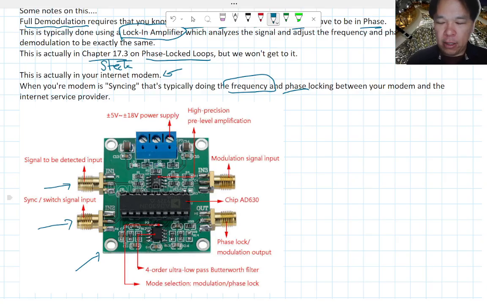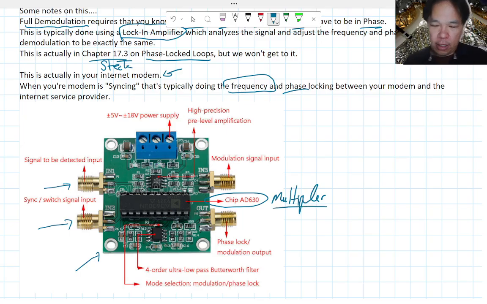And the way this little chip works, this is the multiplier chip. This does the multiplication. I'll teach you how it actually does that in the next lecture. What it does is it detects the signals coming in, and it's basically just changing the frequency slightly and the phase slightly in order to detect, oh, this is where the biggest signal is going to be.